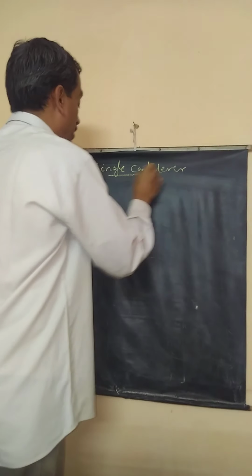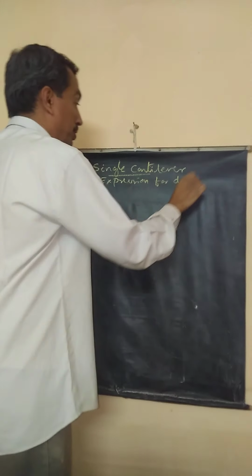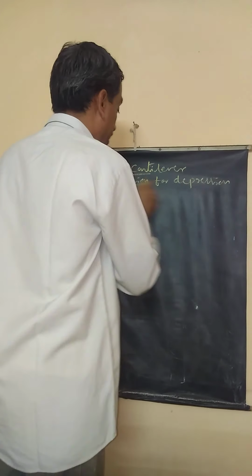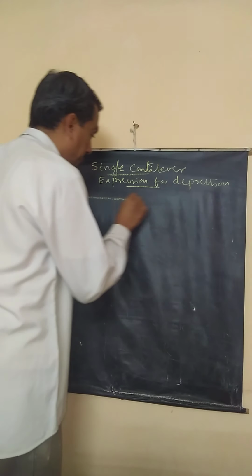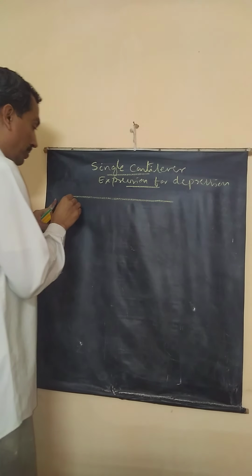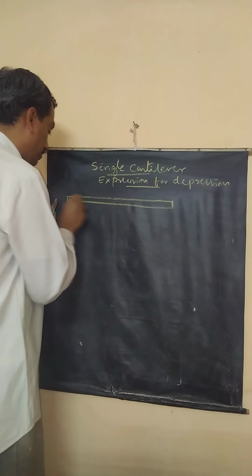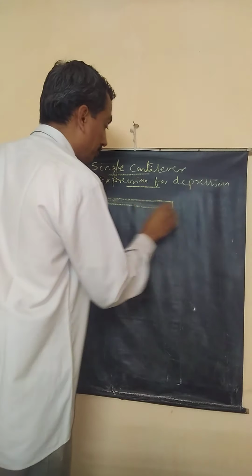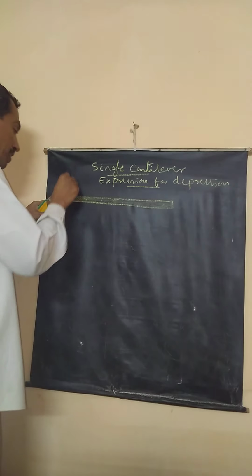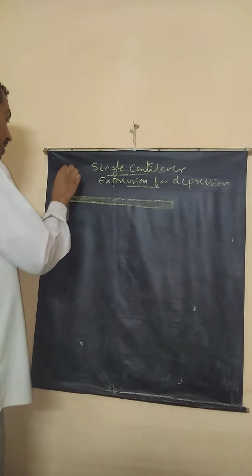Expression for depression that is produced in a single cantilever that is loaded. What is single cantilever? It consists of a beam. See this? It consists of a beam. This beam is fixed at one end. Okay?